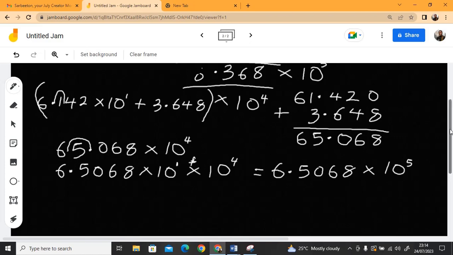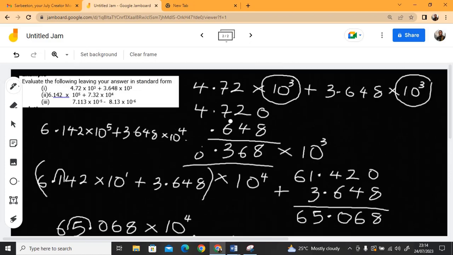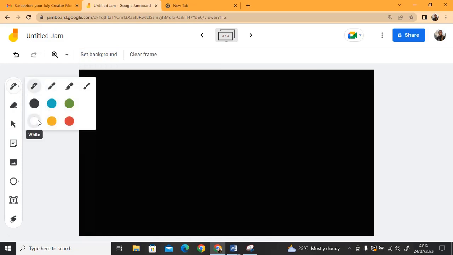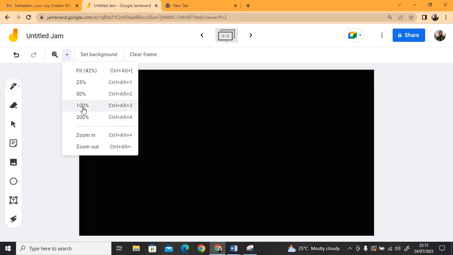Now let's look at the last one. Let me just copy this. Let me open another page so that you can set the background. Sorry, I won't take your time. We still have lots to do here. Let me just use 100.